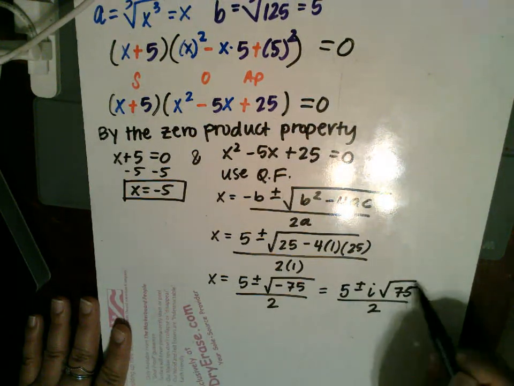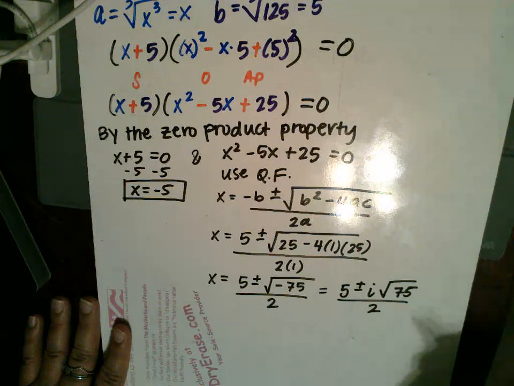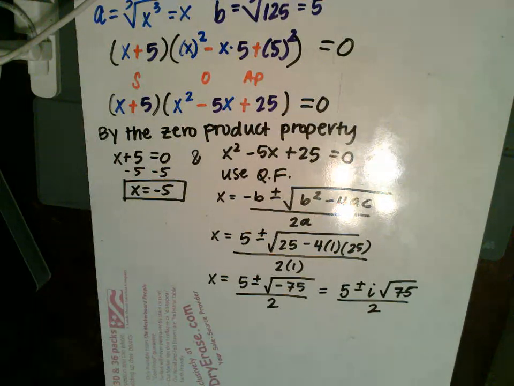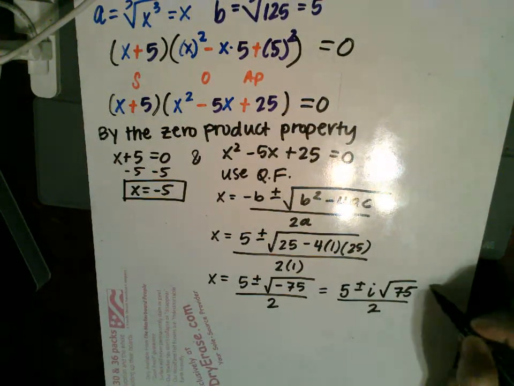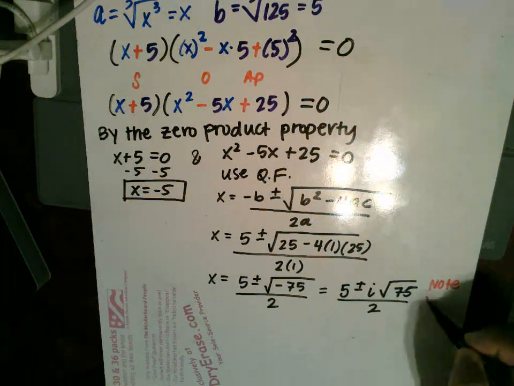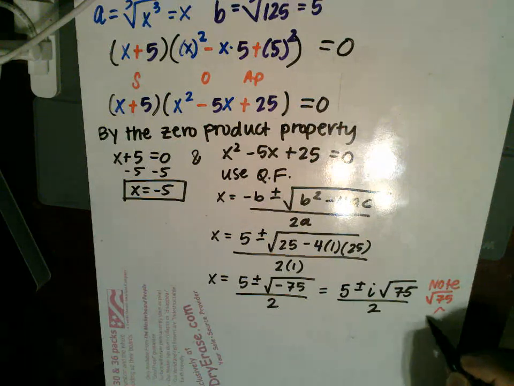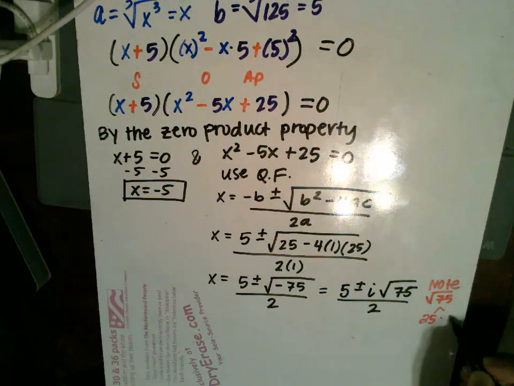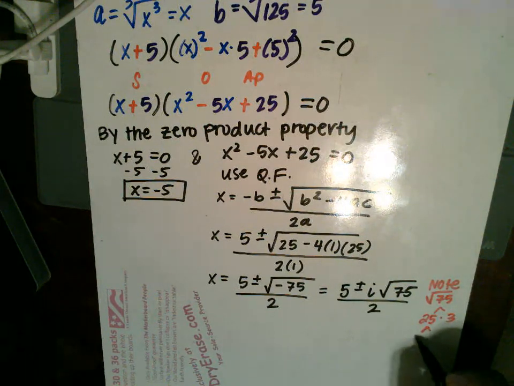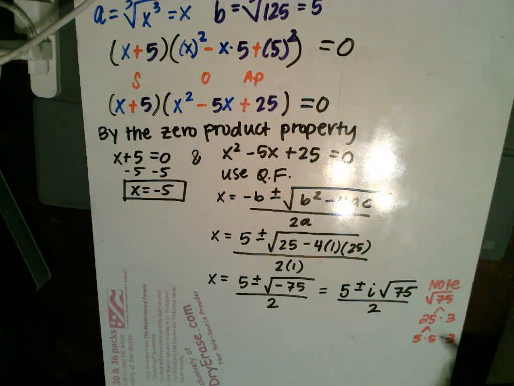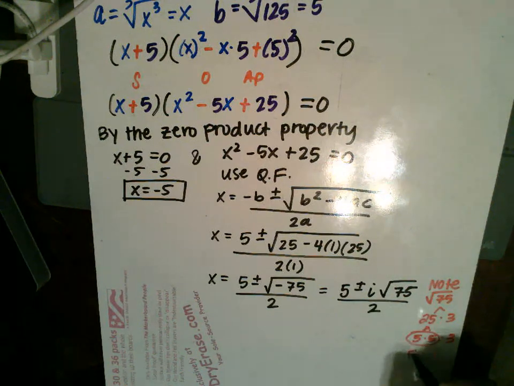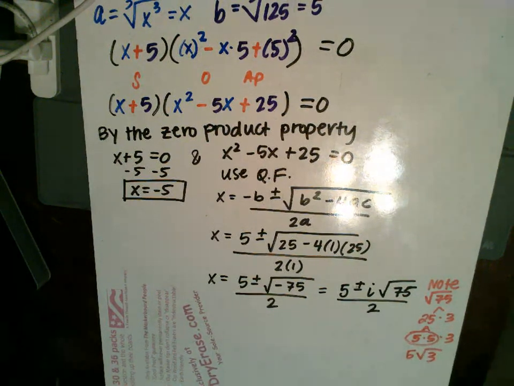But remember, we can break down this radical. Let me do a quick note. The square root of 75 is really like 25 times 3. And 25 is 5 times 5. 5, 10, 15, 20, 25. And so this pair of 5s escapes. So this really becomes 5 radical 3.